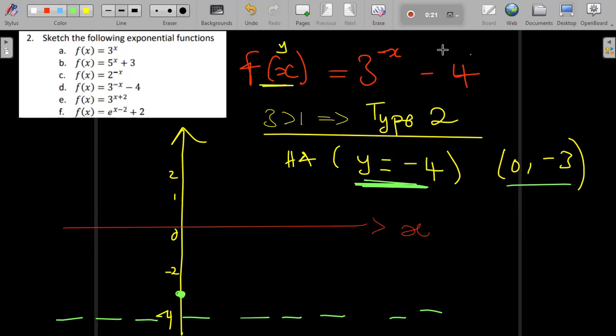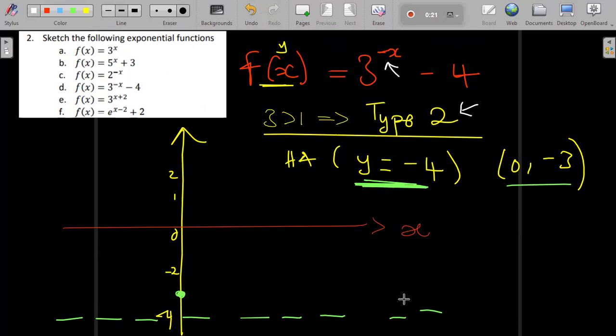If you have a negative horizontal asymptote, it means you're also going to have an x-intercept, but the x-intercept is not of importance. What is important is the y-intercept. So the curve will start from where? Remember, this is a type 2 because of this negative there.